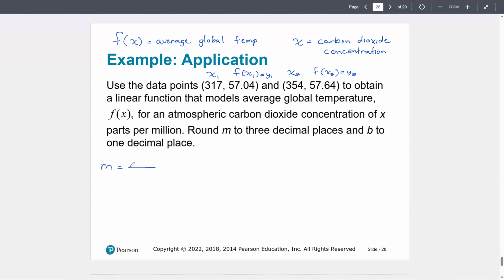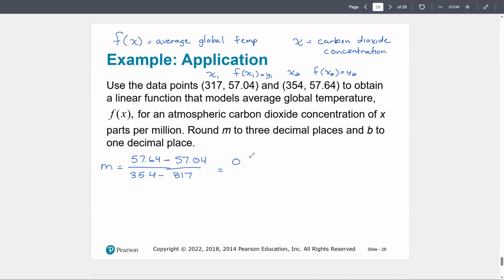So my slope here is going to be, my y2 is going to be 57.64. My y1 is going to be 57.04. And then my x2 is 354 minus my x1, which is 317.